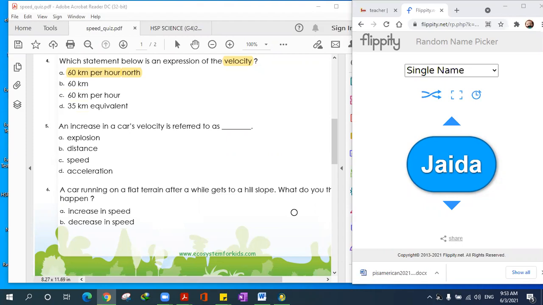What do you mean by that? Well, you need to think more. What do you mean when we have any change in velocity, any change in speed and direction? What did we call this?